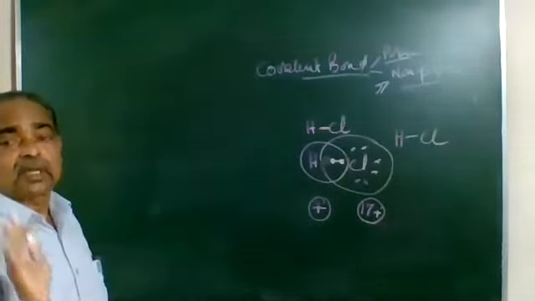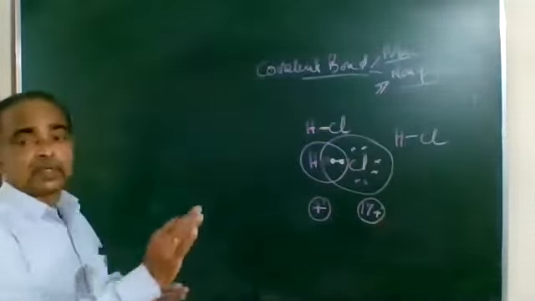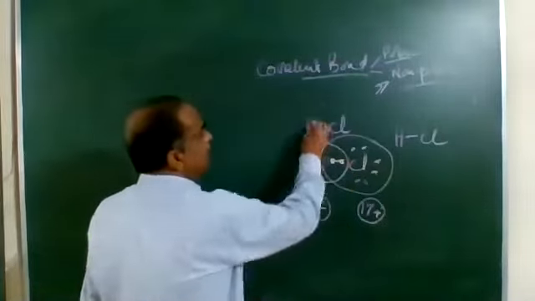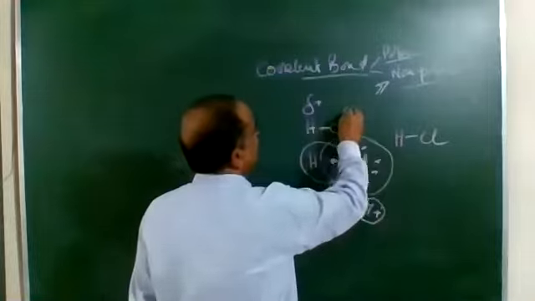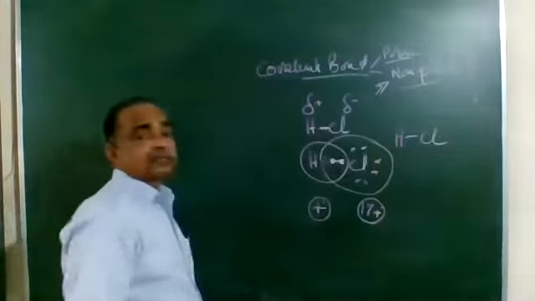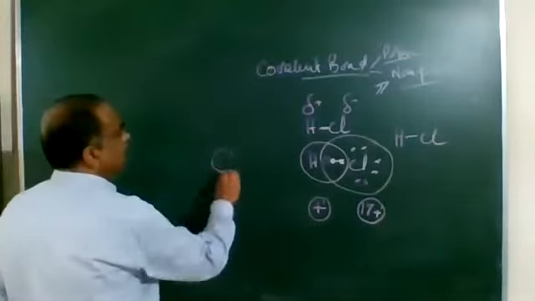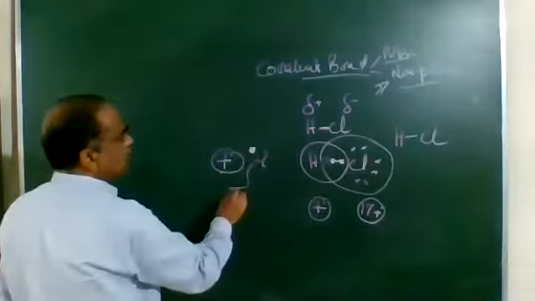If electrons are transferred, then the bond is ionic. But it is not transferred, it is slightly shifted. And when the hydrogen's electron is shifted towards chlorine, hydrogen gets a slight positive charge and chlorine gets a delta minus charge. Now, why are this minus and plus formed? Understand it this way. When this is the proton and this is the electron, the charge is neutral.